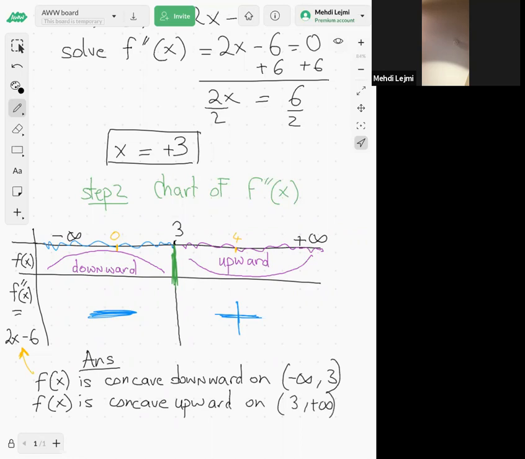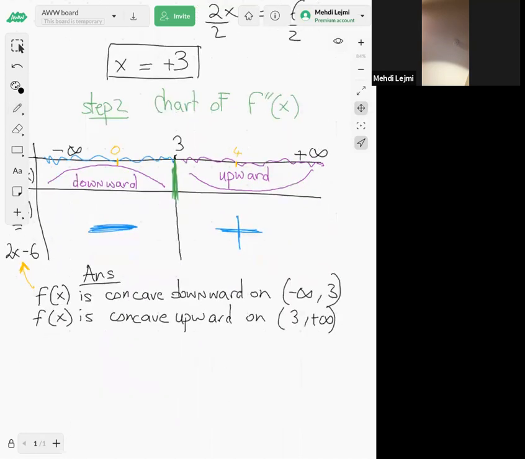We said you change the direction of concavity, going from downward to upward at positive 3. So x equals positive 3 is an inflection point because the second derivative changed its sign at positive 3.